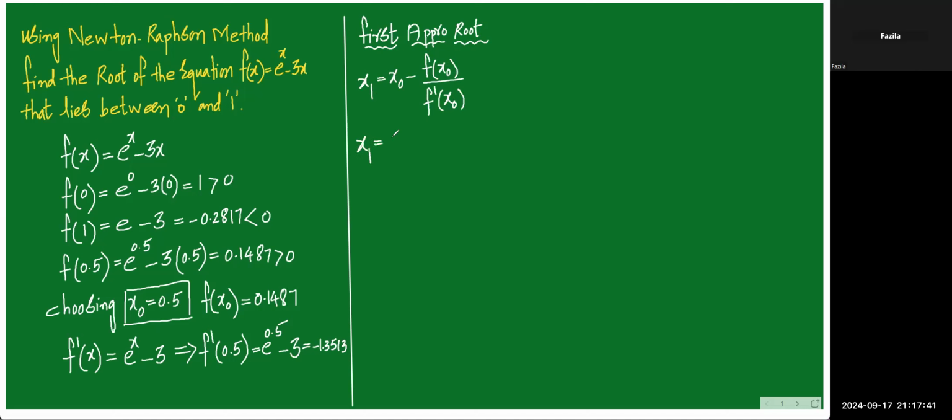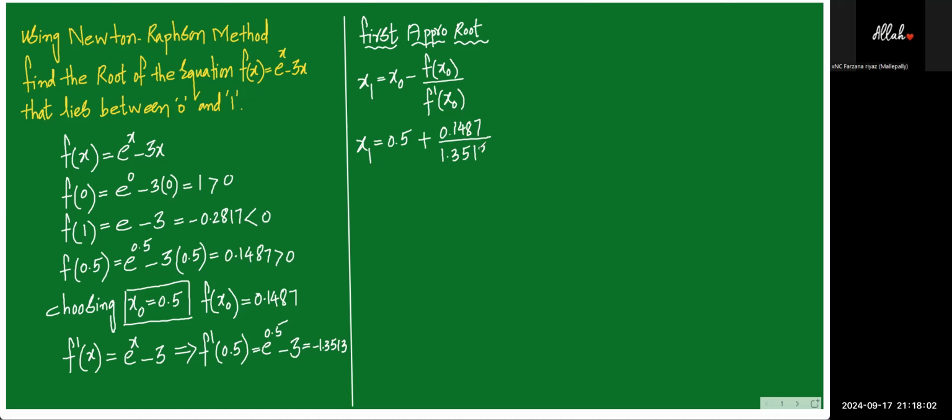Then put these values. x1 is equal to x0, which is 0.5 we have taken, minus f of x0 value 0.1487 divided by f dash of x0 value, which is negative, so minus into minus becomes plus 1.3513.